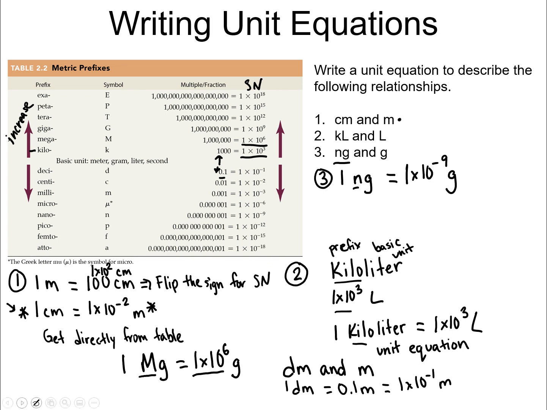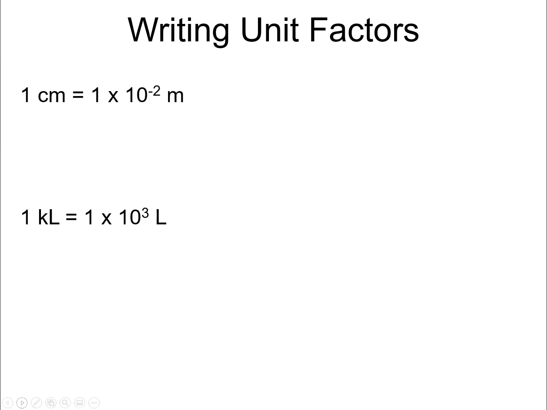Okay. Once we have a unit equation, we can write something called a unit factor. The unit factor you might also see called a conversion factor. Yes, I will give you the prefixes as a reference for exams.